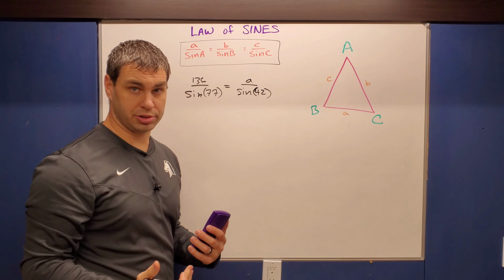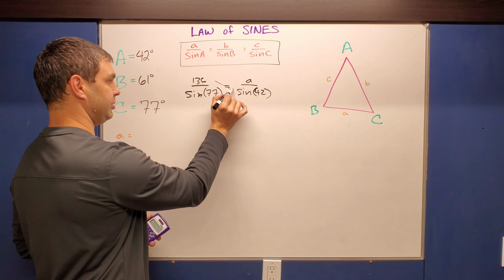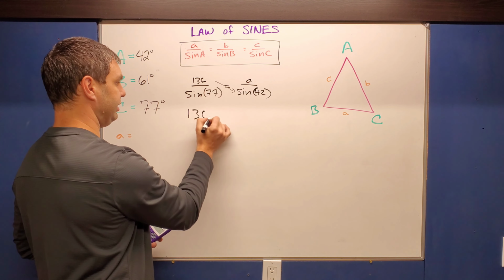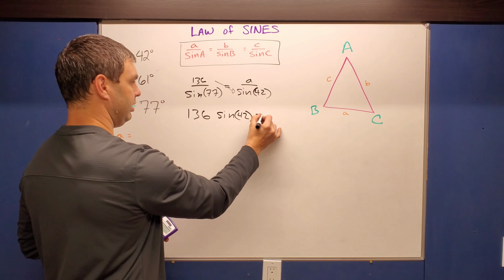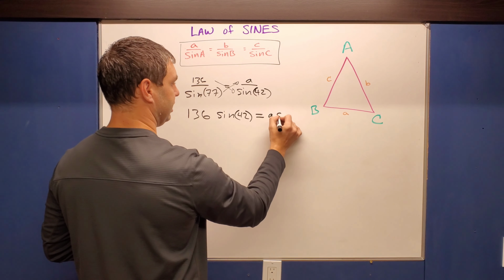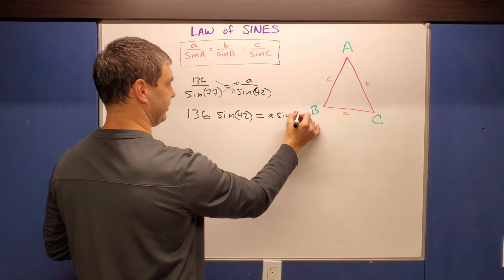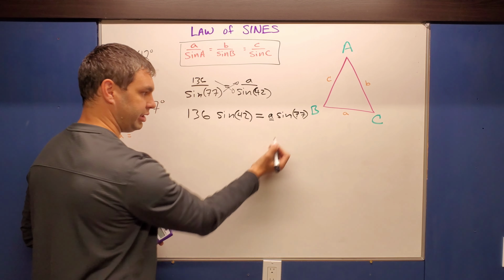And then this is just a proportion, so we can cross multiply to find our missing little a. If I cross multiply this way, that's going to give me 136 times sine of 42, and then equals, if I cross multiply the other way, a times sine of 77. Again, the variable I'm solving for here is a.